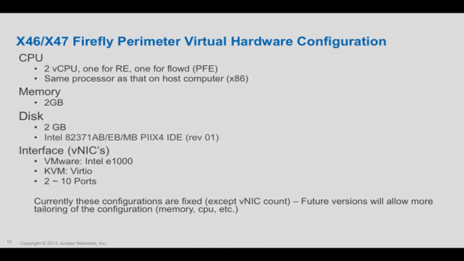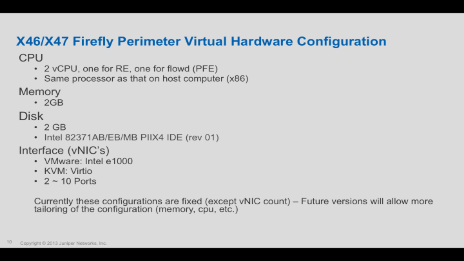To give you some ideas about what the actual VM consists of, it's 2 virtual CPUs, one for the RE and one for FlowD, and at this point there is not an ability to add multiple virtual CPUs to the VM. There's an architecture that I'll talk about a little bit later where in the future we envision being able to scale the performance up beyond 5 gig by adding multiple virtual CPUs or virtual cores to the VM.